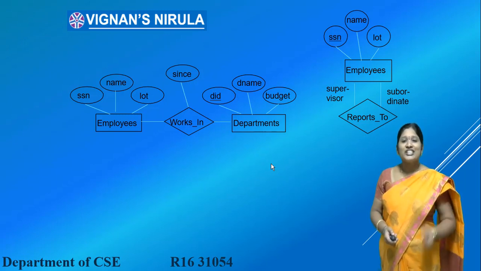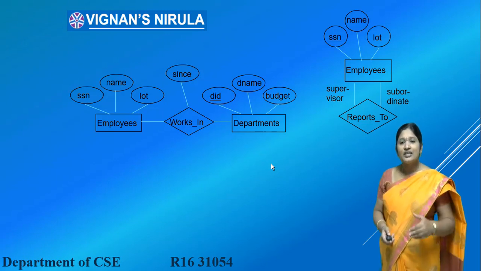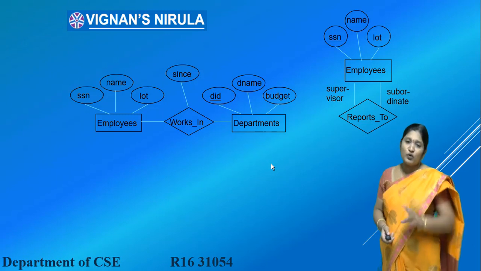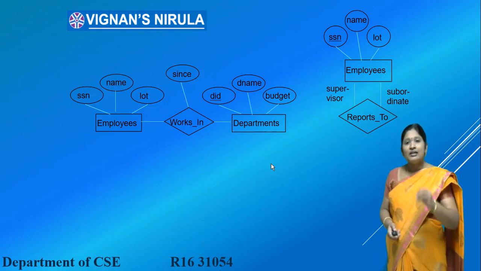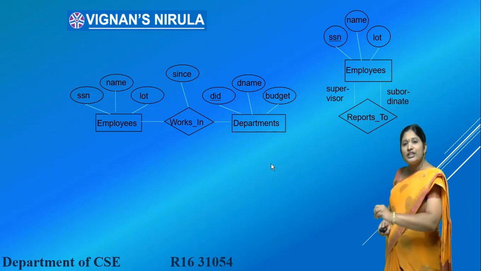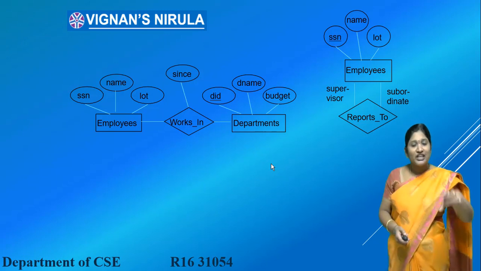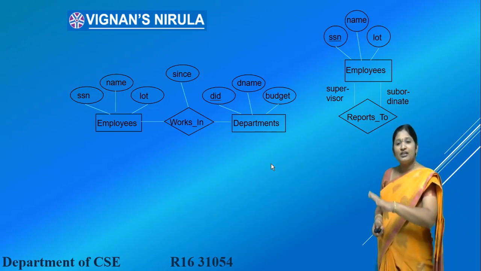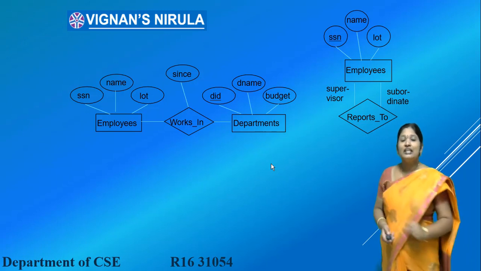The database that has been given to you says an employee is a supervisor to another employee. For example, we have a category of employees. E1 is a supervisor for E2, E3, E4 and E5. E5 is a supervisor for E6, E7, E8 and E9.